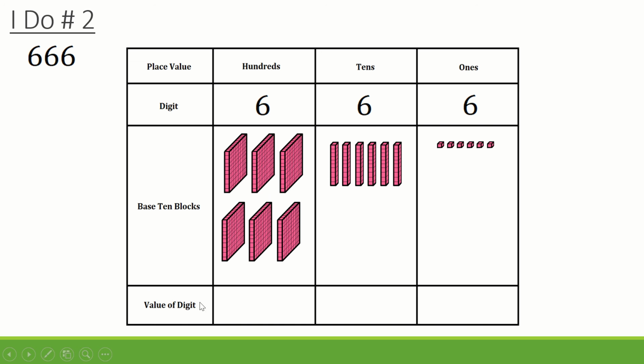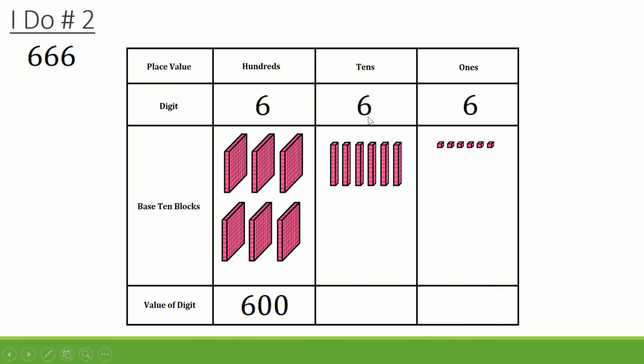And now, to represent the value of each digit, I can note that we have a 6 in the hundreds place, and that can be represented using 6 flats. And each flat is worth 100, so that's 6 hundreds. So that means that the value of our 6 here is 600.